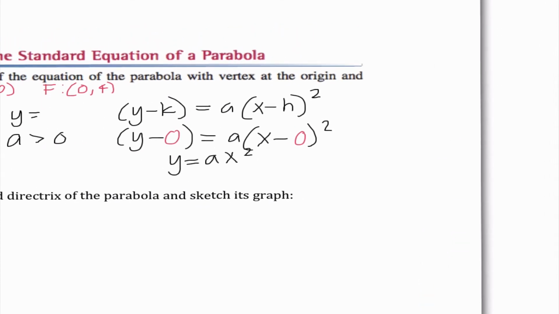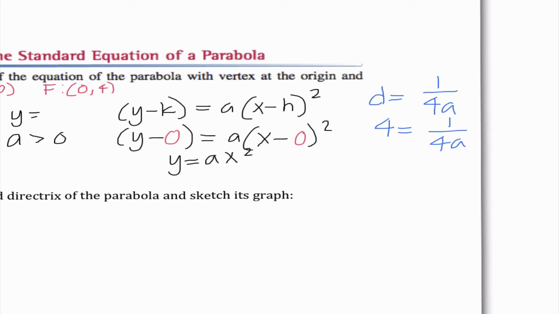So earlier, I mentioned the fact that the distance that the vertex is from either the directrix or the focus is equal to d equals 1 over 4a. Now this one's kind of strange because we know the distance right away. We know the distance is 4.